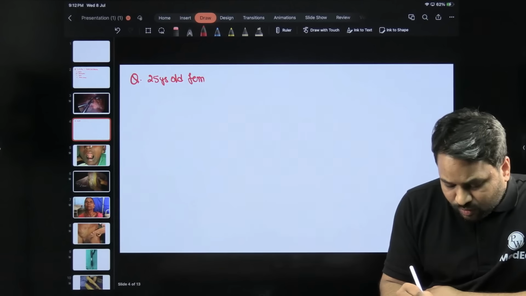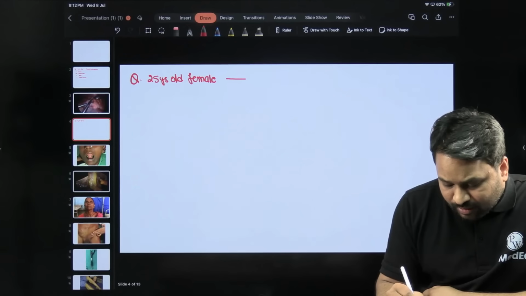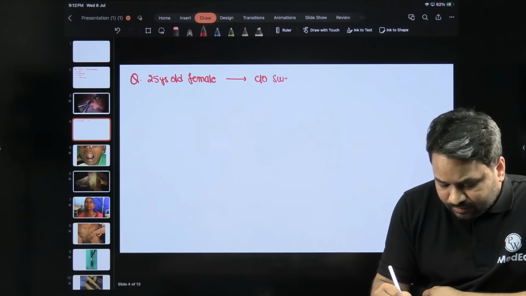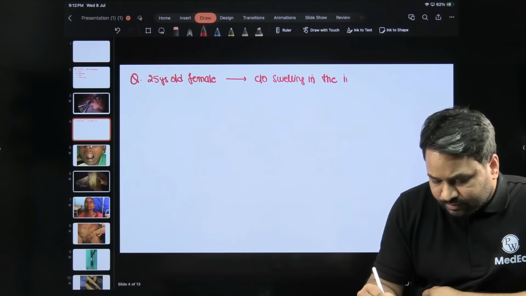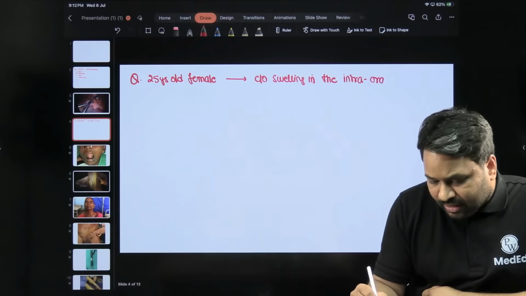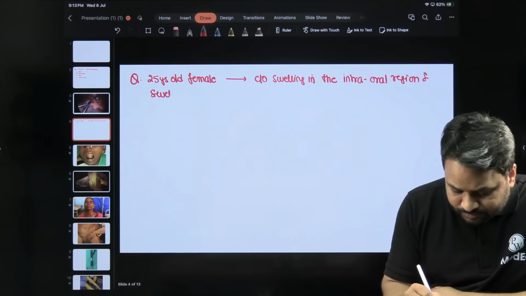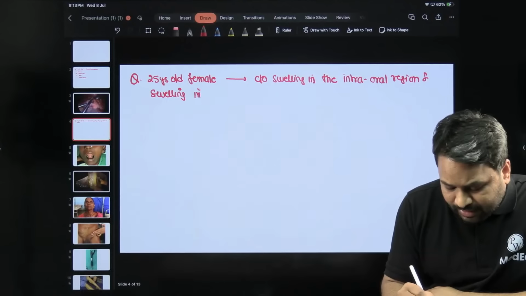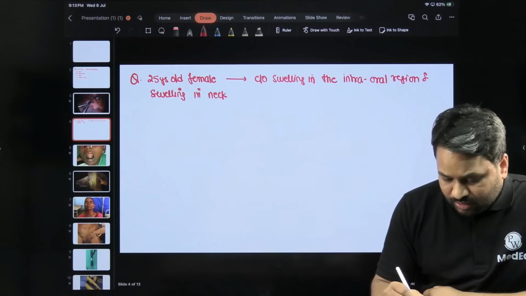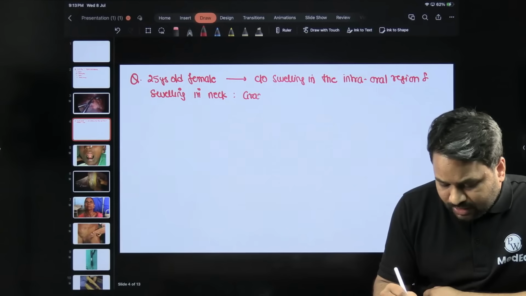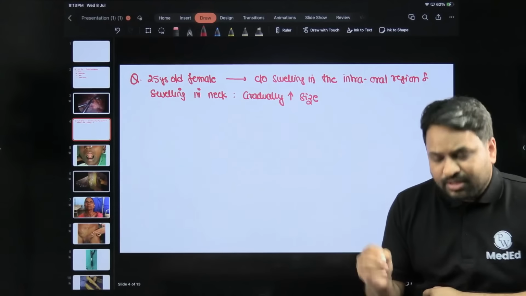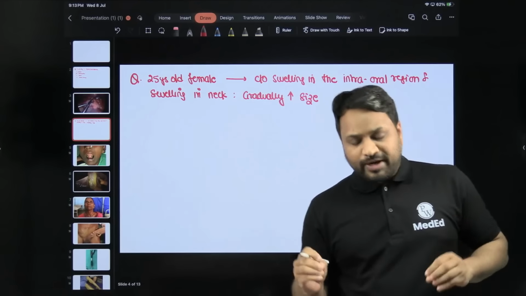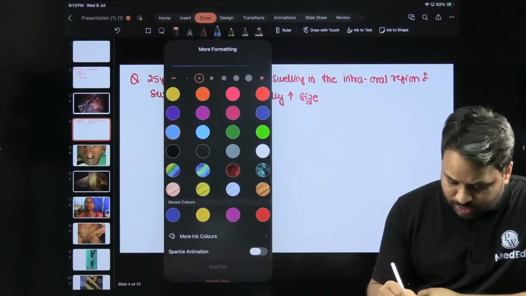This 25-year-old female has now presented with complaints of swelling in the intraoral region and swelling in the neck. Now, this is gradually increasing in size. Based upon the video, I want you to find out what is the probable diagnosis, right?